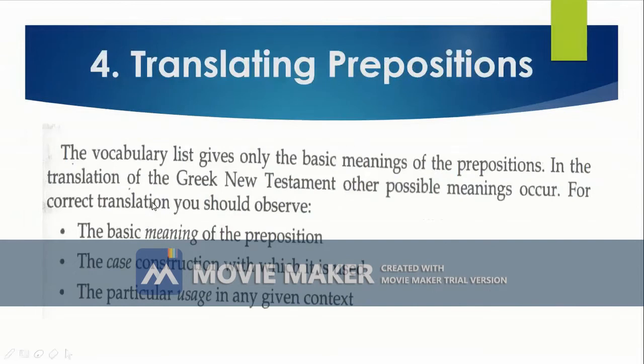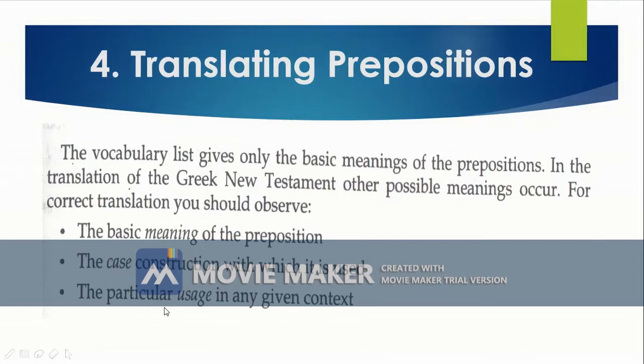So let's proceed to translating prepositions. The vocabulary list gives only the basic meanings of the prepositions. In the translation of the Greek New Testament, other possible meanings occur. For correct translation, you should observe firstly the basic meaning of the preposition. So you look at what is the basic meaning of that preposition. Second, the case construction with which it is used. So the cases differ depending upon its use.